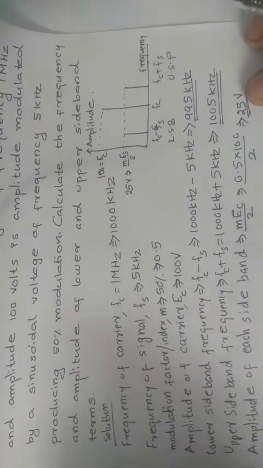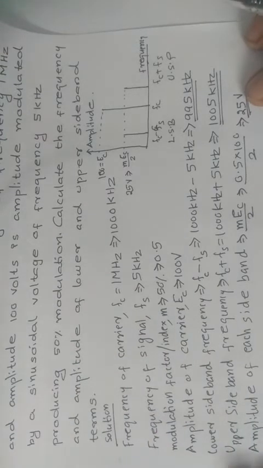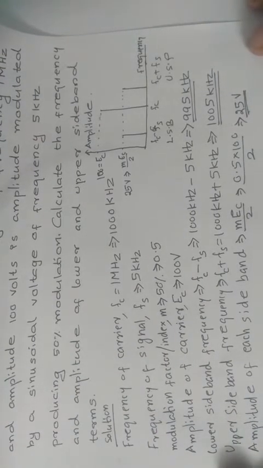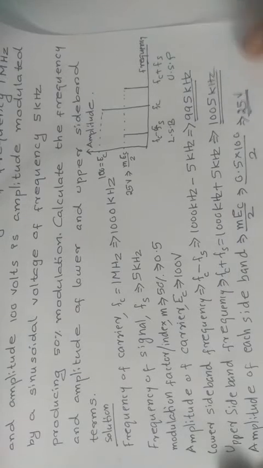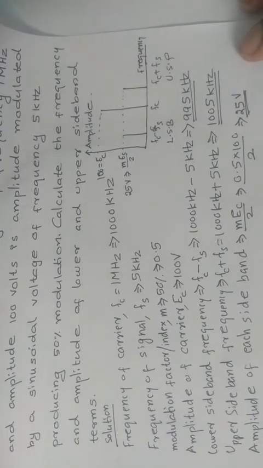This portion represents frequency and this portion represents amplitude. Okay, this is the basic condition for upper sideband frequency and lower sideband frequencies of amplitude modulation.